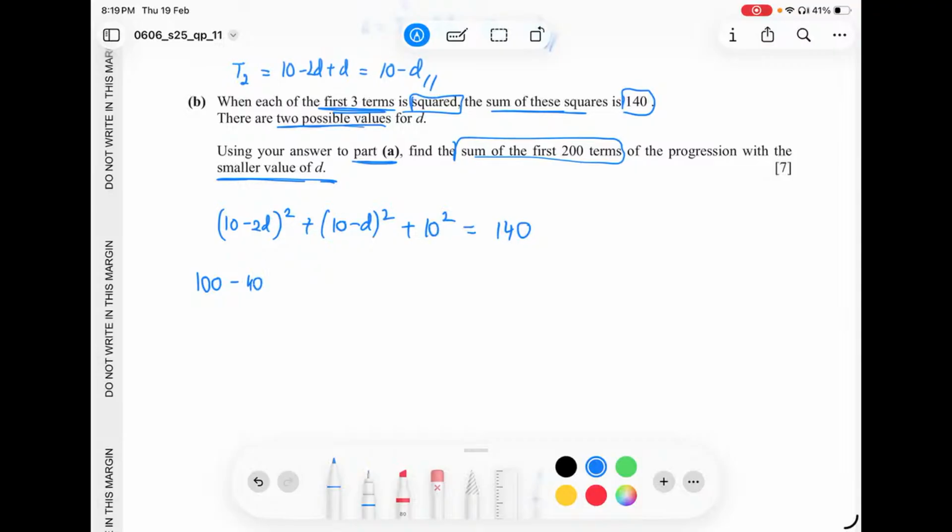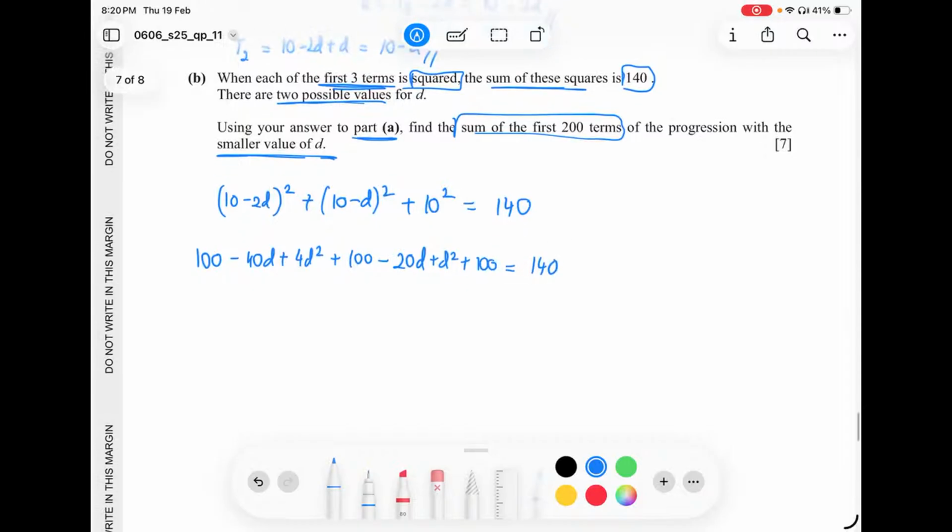So you will get 40D plus 4D squared plus 100 minus 20D plus D squared plus 100 equals 140. So now we have 5D squared minus 60D plus 300, and then you bring the 140 to the other side.